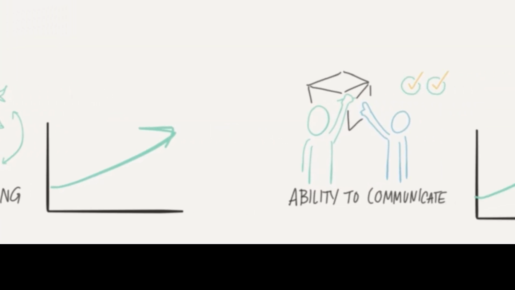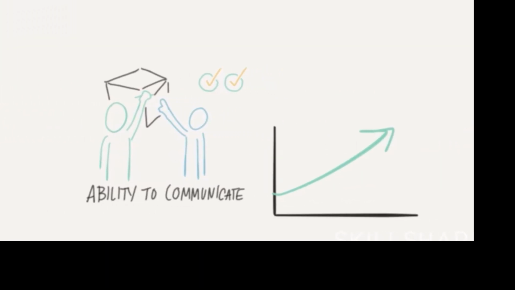And then in an ability to communicate, Dan Roam has this interesting story where Boeing has made its Dreamliner. They engineered this plane around the world with teams speaking different languages and using different measures.